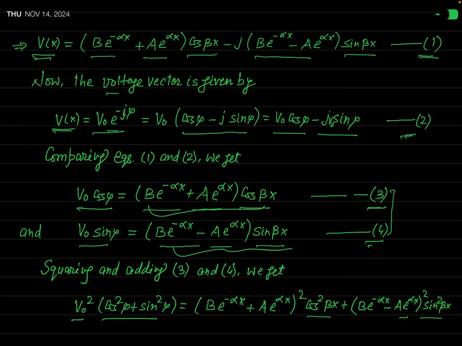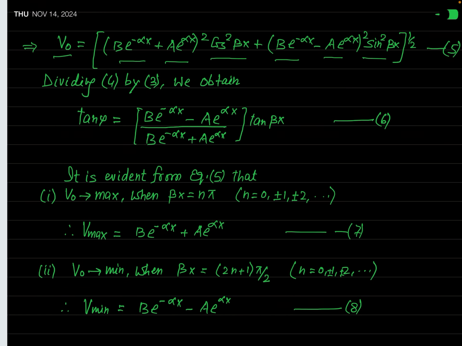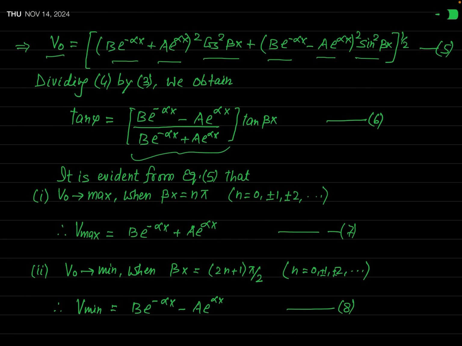And in the RHS, sin beta x over cos beta x will be tan beta x, and the remaining factor will be this much. So tan phi is equal to this much times tan beta x. So combined, equations 5 and 6 completely determine the standing wave produced in this transmission line.